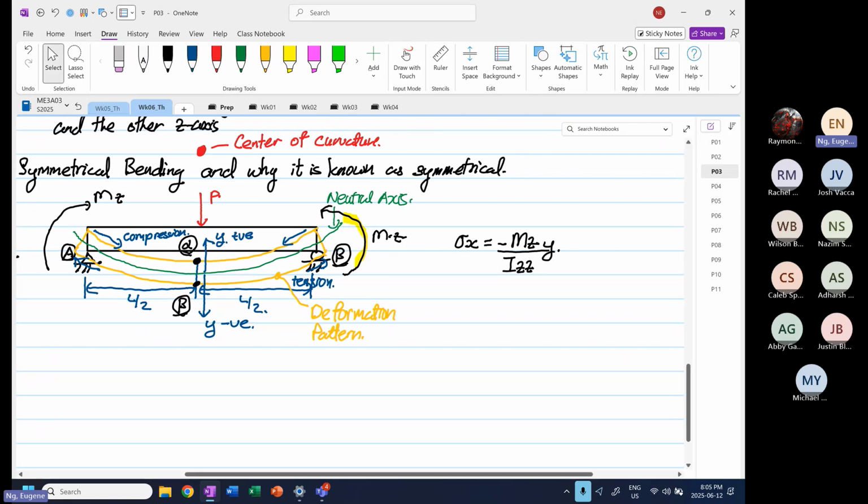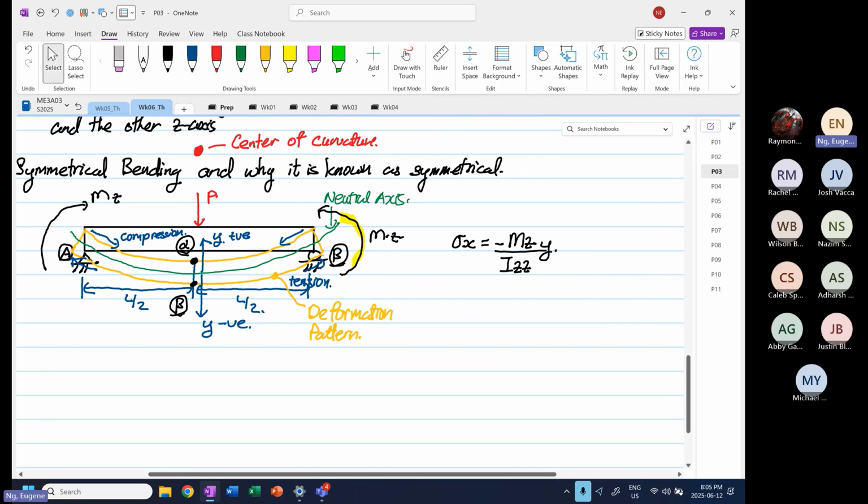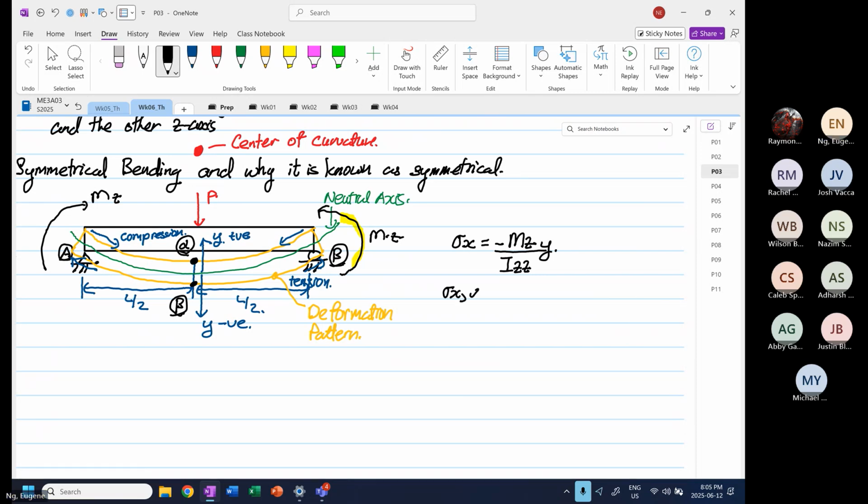So if we were to apply the formula now, we want to find stress X at point alpha, and we know that Y from the neutral axis is positive.